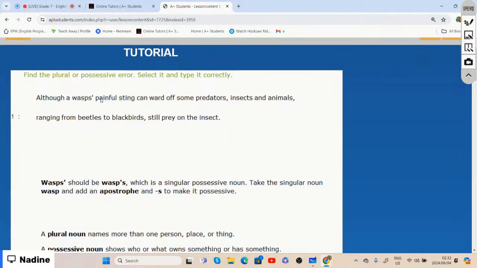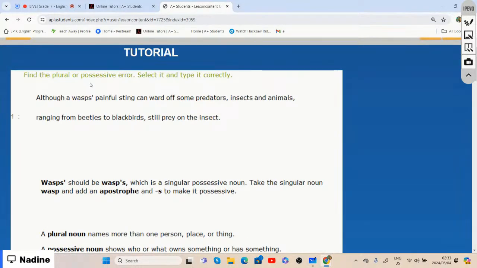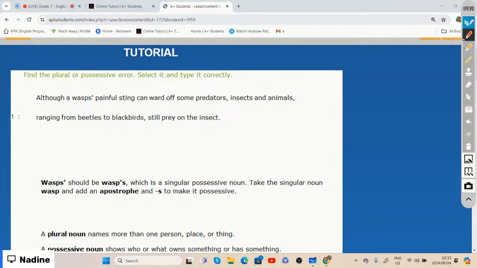So wasp's painful sting can ward off some predators. And we just added an apostrophe in this. So we can say, although a wasp's painful sting can ward off some predators, insects and animals, ranging from beetles to blackbirds, still prey on the insects.